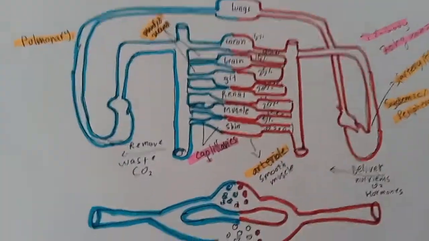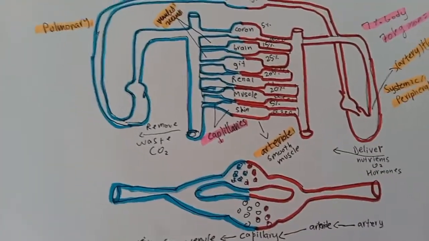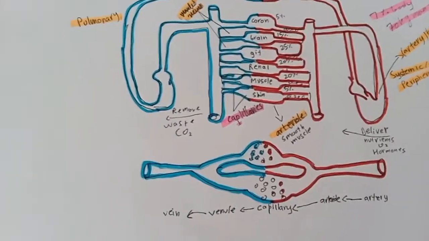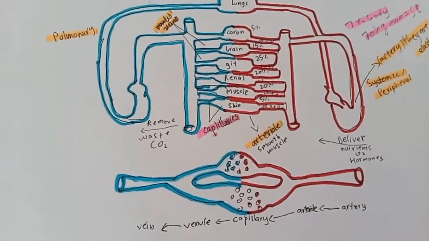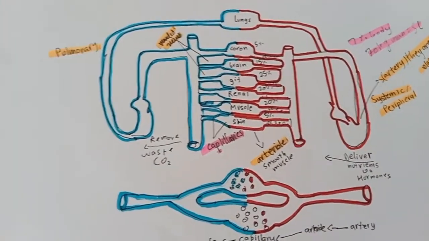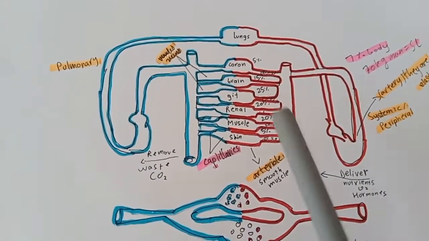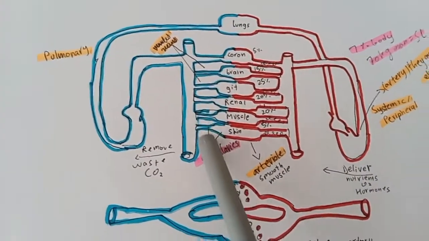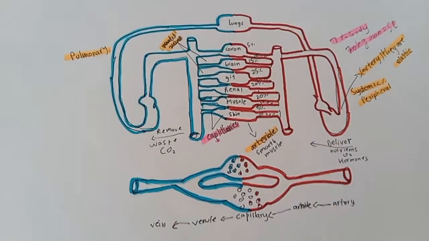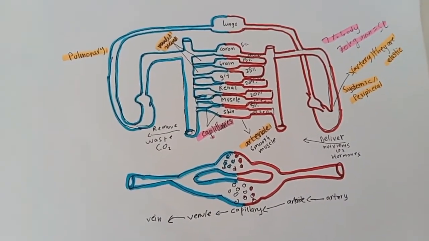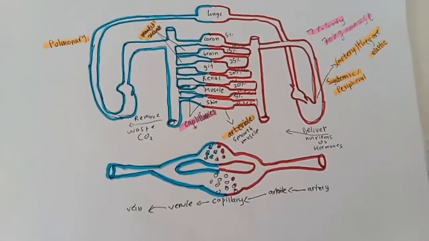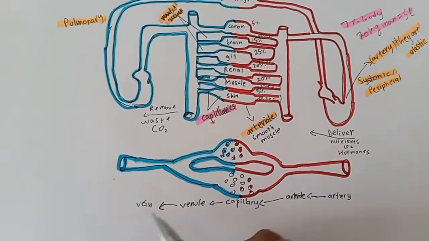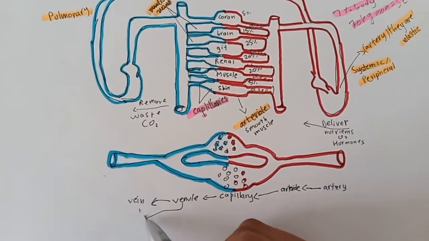So the capillaries basically consist of less oxygenated or deoxygenated blood, and all that kind of blood is stored in venules, which are these. Venules and veins have a huge capacity to hold blood. Now we've discussed capillaries, veins, and venules.